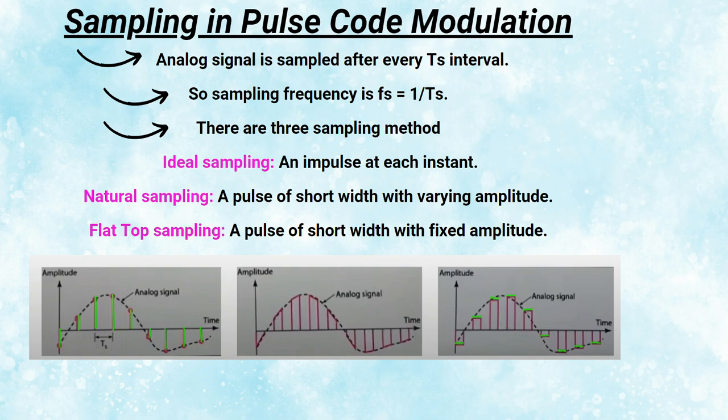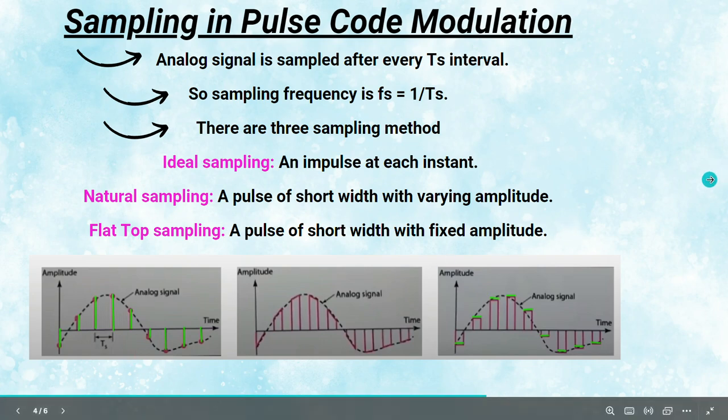That is ideal sampling, which is an impulse at every instant of time. Then natural sampling, that is a pulse of short width and varying amplitude. And lastly flat top sampling, that is a pulse of short width and with fixed amplitude. Here are the diagrams we can see.